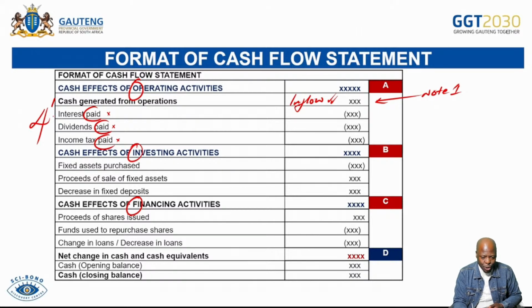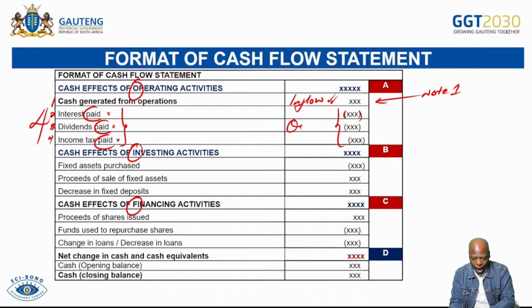So I have my interest, which becomes number 2, dividends number 3, and income tax number 4. And you can see that all these 3 are being paid. So it's a cash outflow. And you can see now with the brackets that I have put in here. So these 3, they are all cash outflows.